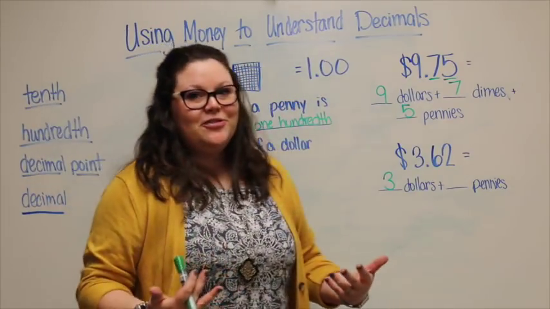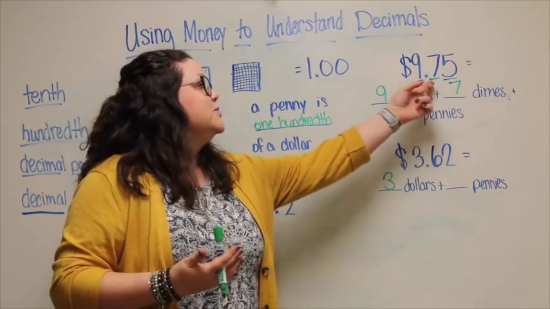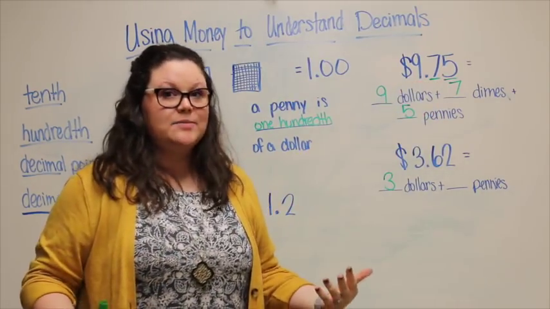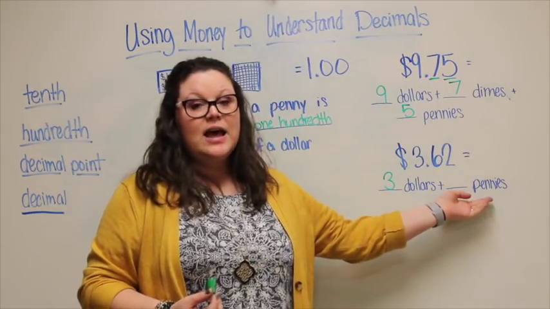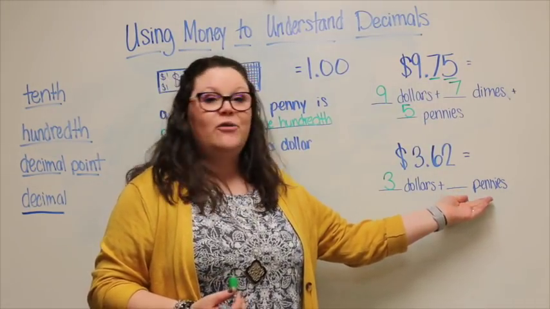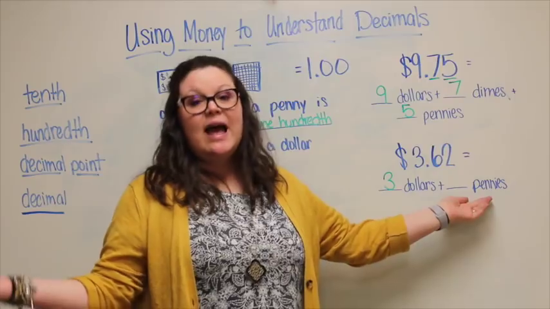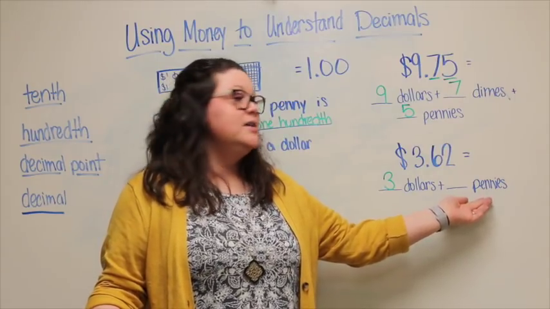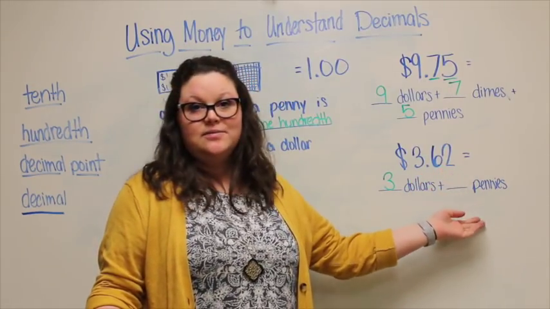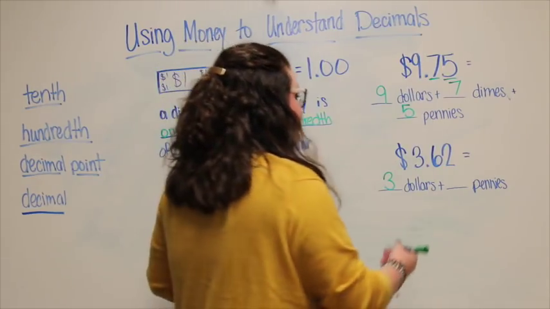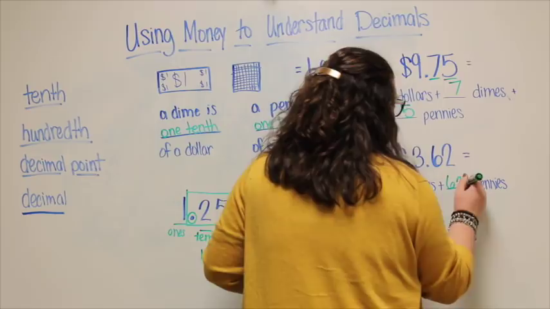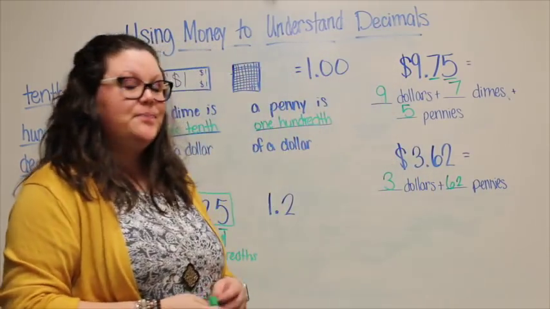Now, this is a little different because last time we did dimes. We said the tenths place is like dimes. But this question does not want to know how many dimes I would need. It wants to know, let's say I only had pennies. How many pennies would I need to make 62 cents? I would need 62 pennies because each penny is worth 1 cent.